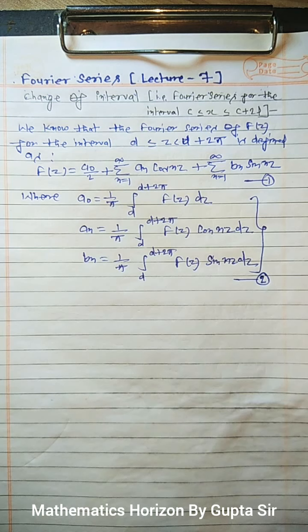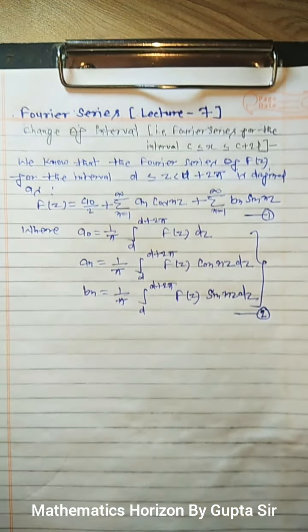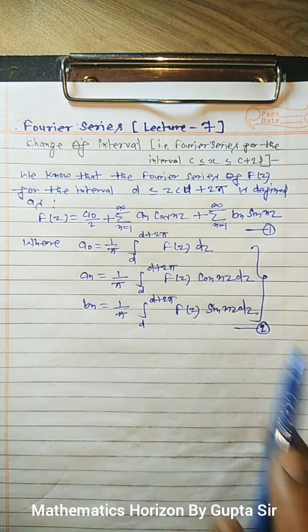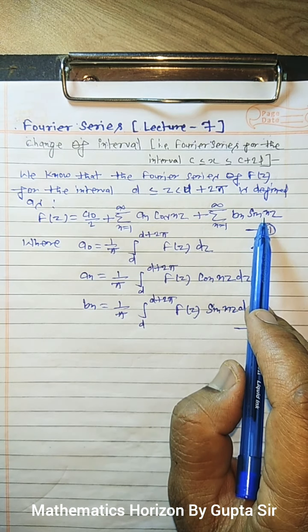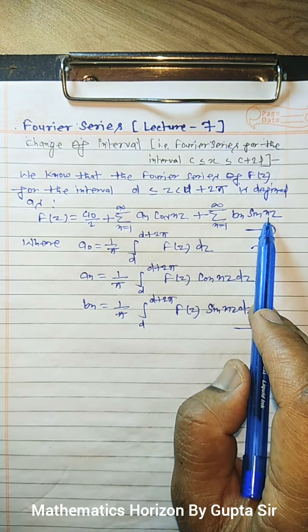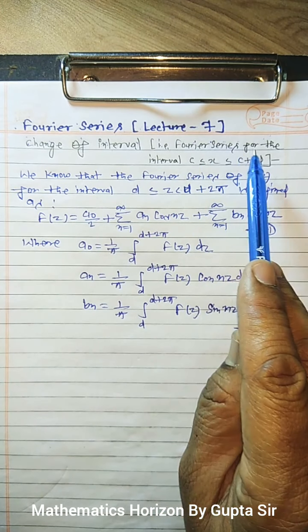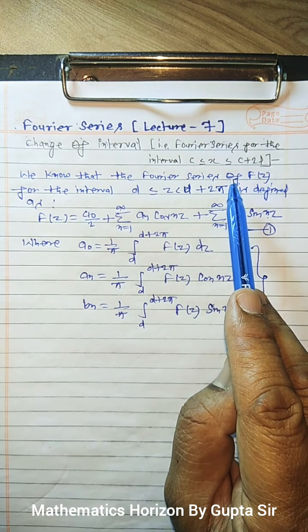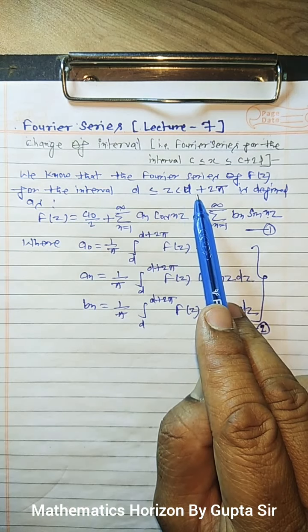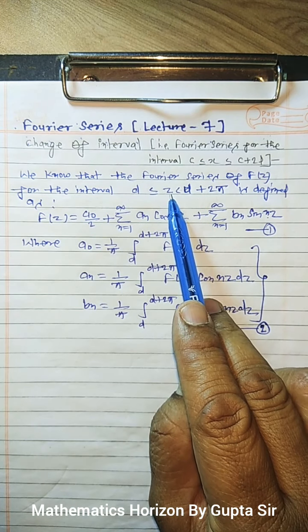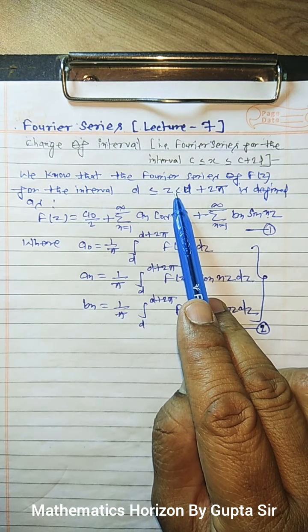Here we are using variable z in place of x for converting the Fourier series for this interval into a suitable form. That's why we took z in place of x.